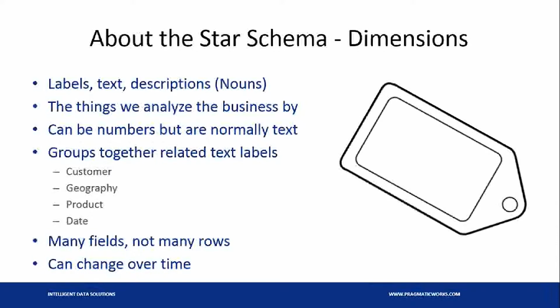Each of our dimensions groups together labels that are related to one another. So think about product. A product has a color and a class and a style and a model number and a long description and a short description and a default label. It's got all these things that describe it that are all labels for that product.